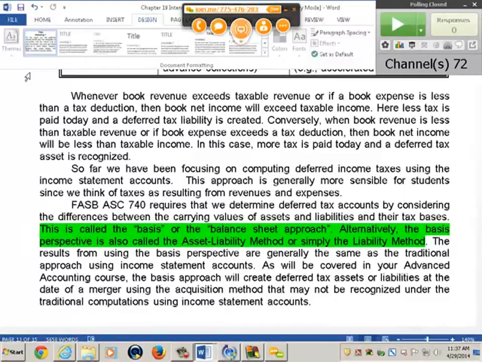Where am I going to get more expense going forward? GAAP or tax? GAAP. So if I have more expense for GAAP, I'll have less expense for tax. Will I pay more tax in the future or less? More, because I'll have a lower tax deduction. Therefore, if I'm going to pay more tax in the future, I've got a deferred liability. So this is going to give rise to a DTL.